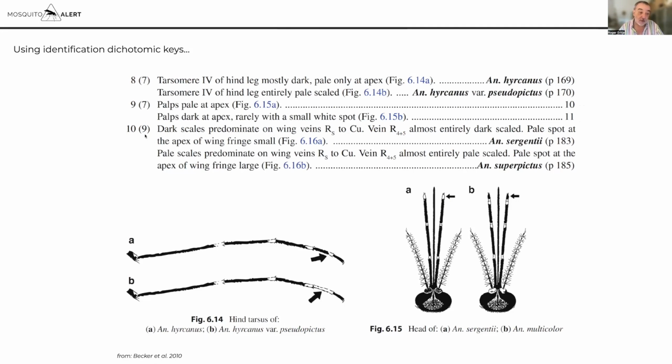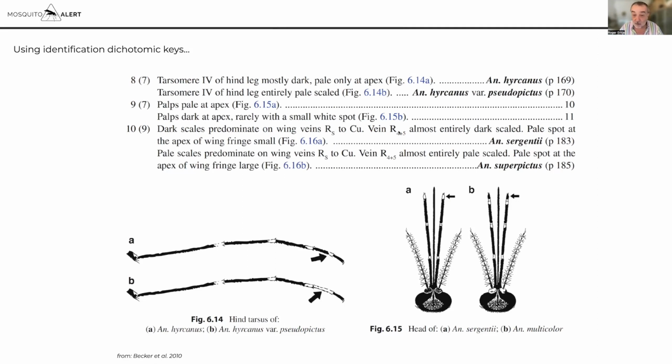Once we are at point 10, because it had the white spots, then you have more questions. In this case, for instance, dark scales in the wings. We don't have a picture here because it was on the next page. Then you can ask more questions, and at the end, which is quite easy in this case, you get to the species determination.